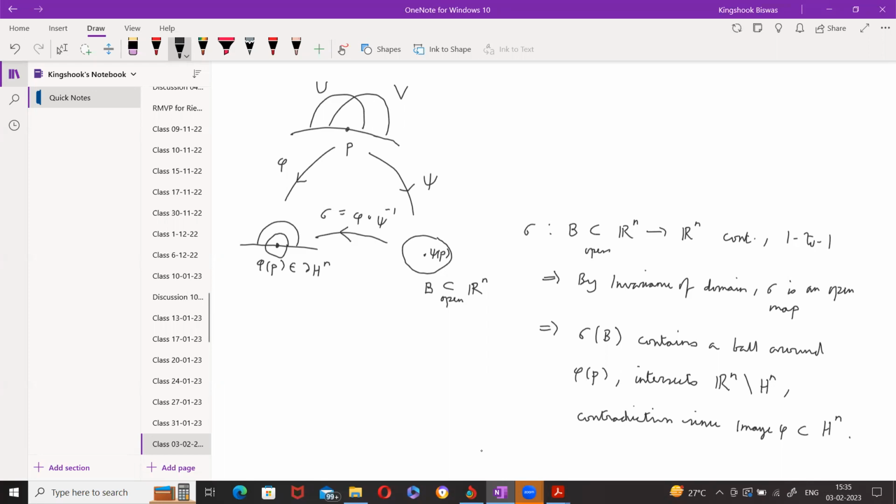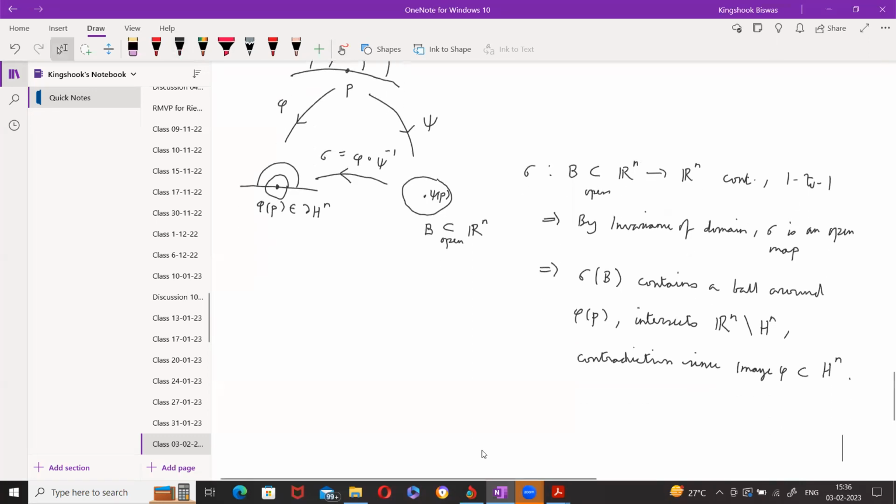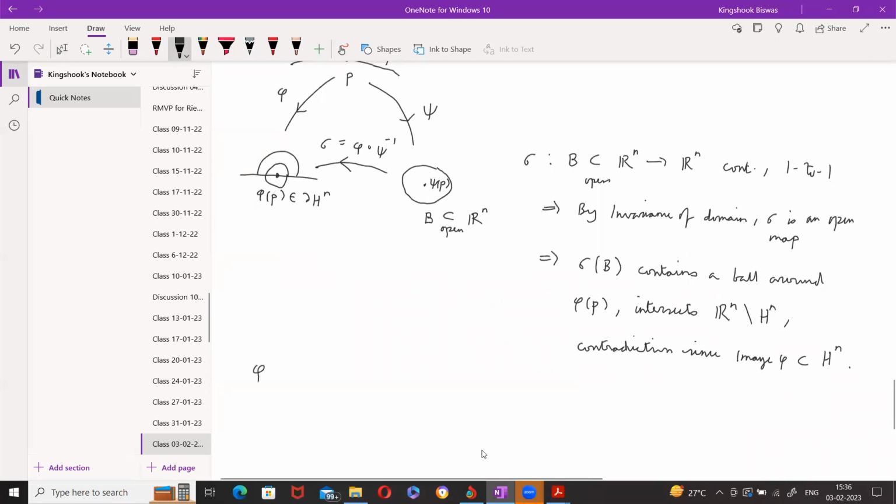So once boundary points are well defined, what does that mean? That means that if I take this chart phi, and look at phi of U intersect boundary M, this is going to be phi of U intersect boundary Hn.